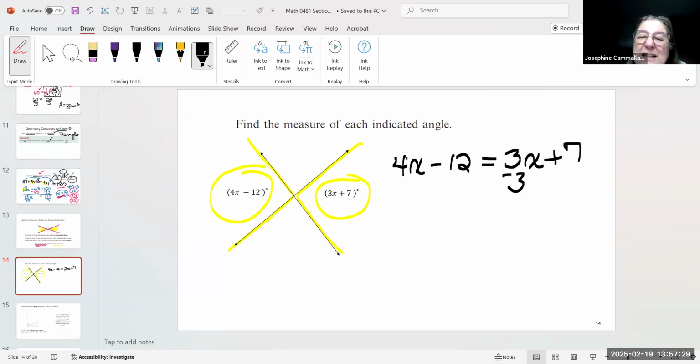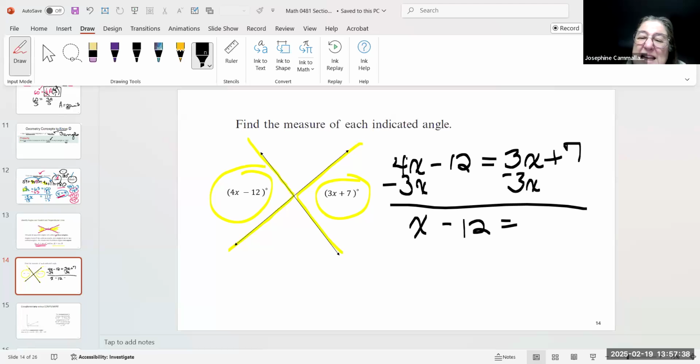I'm going to subtract 3x from both sides. This gives me x minus 12 is 7. Add 12 to both sides. Now, again, I get x.